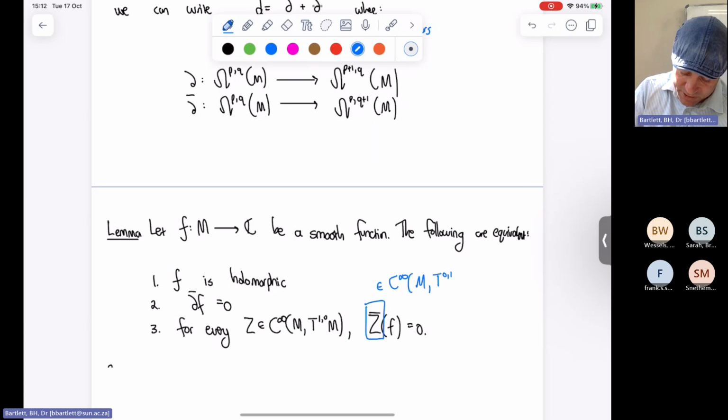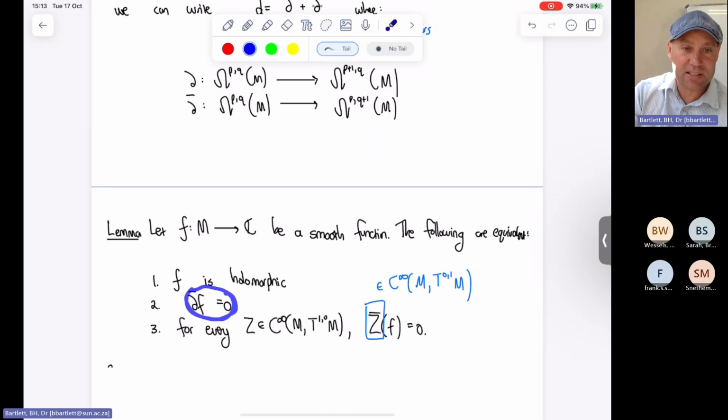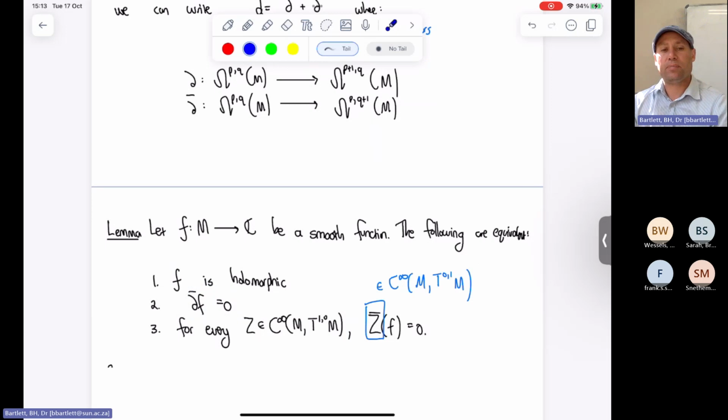Because I've taken this 1, 0 vector field and I've conjugated it, then you get a 0, 1 vector field. Another way of saying this is that when I apply an arbitrary 0, 1 vector field to F, I get 0. But I wanted to write it in a way that was notationally similar to this, so that's why I wrote it like this. Okay.